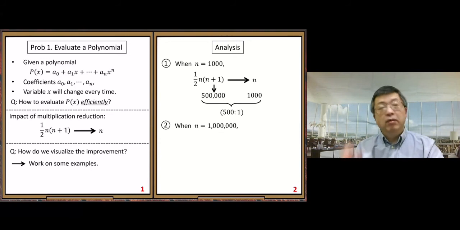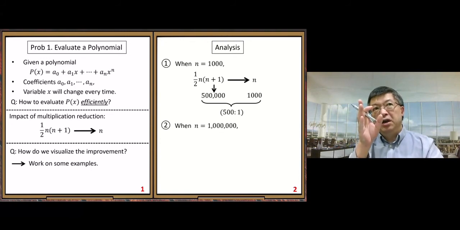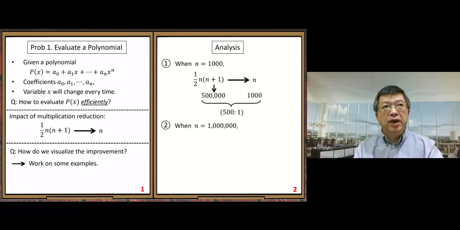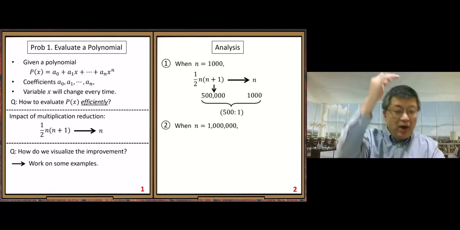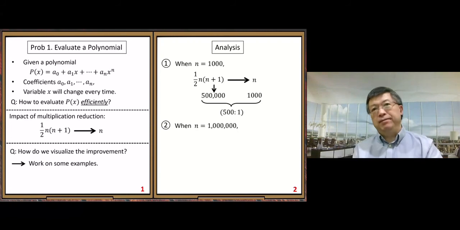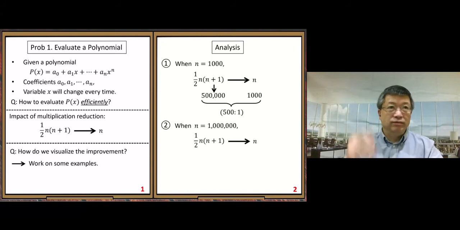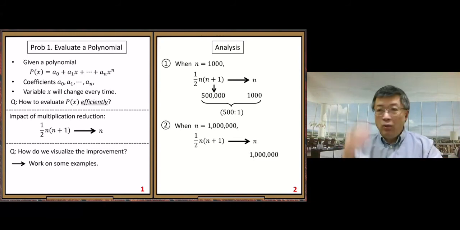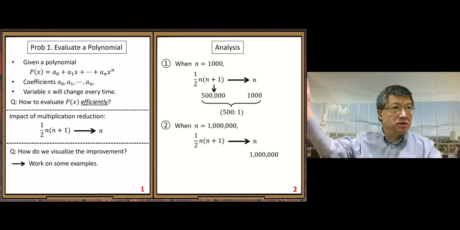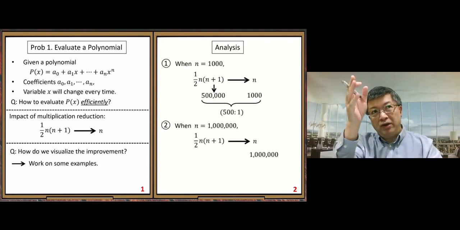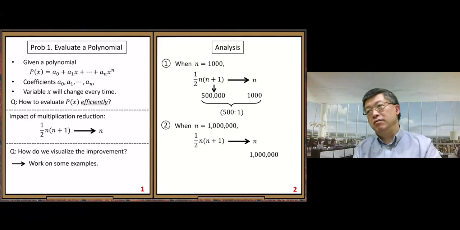The second example, now we consider a much bigger polynomial with degree 1 million, n equals 1 million. Horner's rule needs the same kind of count, 1 million multiplications. Then let's go back to the brute force algorithm. This time you plug in that formula for an approximate answer.